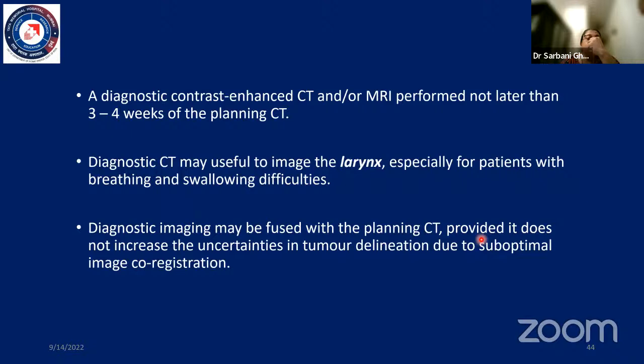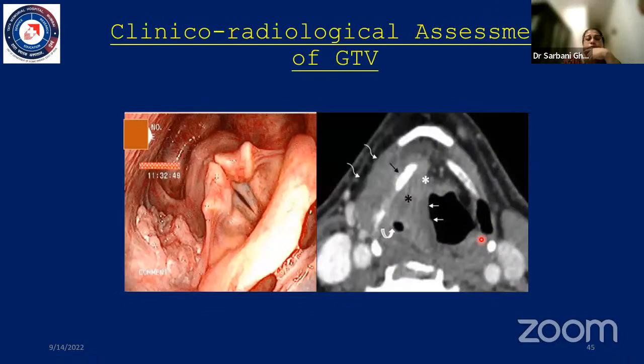Also, when we want to delineate the tumor or understand the extension, we should do a contrast enhanced CT scan and MRI. A diagnostic CT may also be useful, especially if the position is not too different from the treatment position, and diagnostic imaging may be fused with the planning CT to do so.